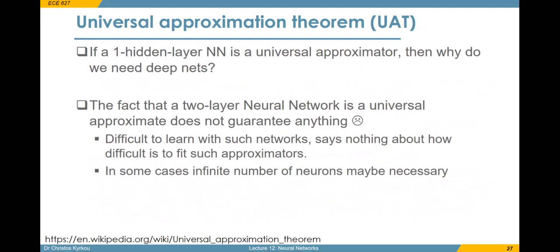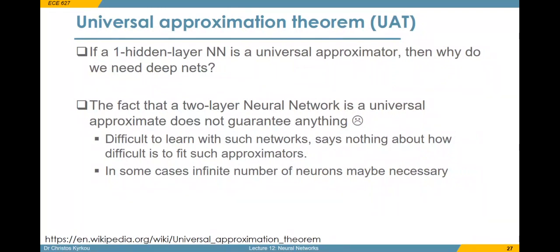So a valid question is, if one hidden layer network can really do all that, why do we bother with having deeper networks? The fact is that even if this theorem exists, it doesn't guarantee that we will find that function. So learning one hidden layer networks is more difficult, and in some cases, the approximation may require an infinite number of neurons.